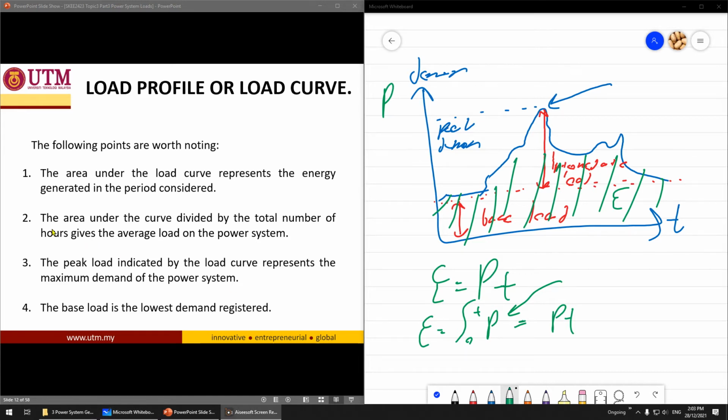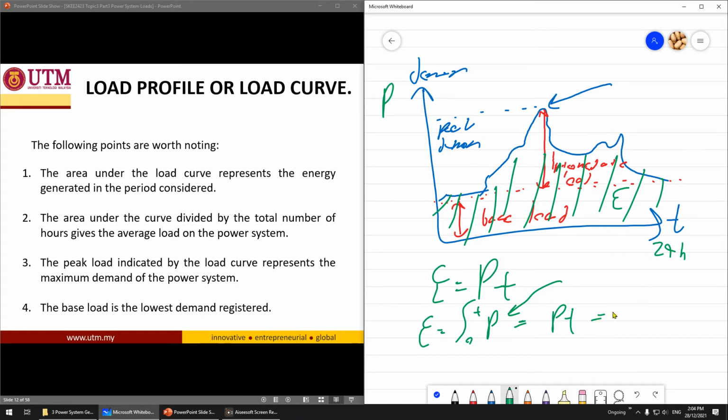Look at the second point. The area under the curve divided by the total number of hours gives the average of the power system. So for example here the time is, for this case, 24 hours. You have power here, and the energy maybe 30 kilowatt hour.